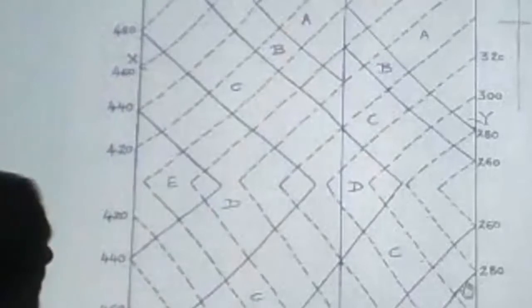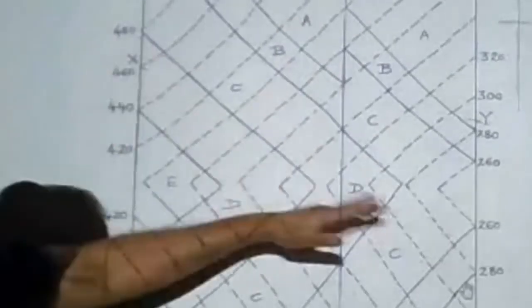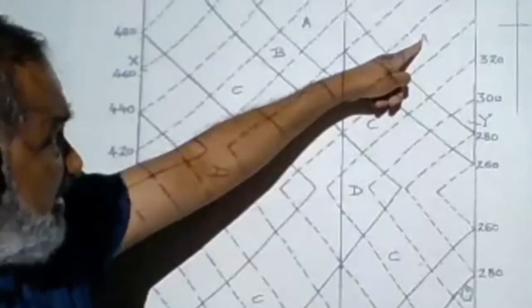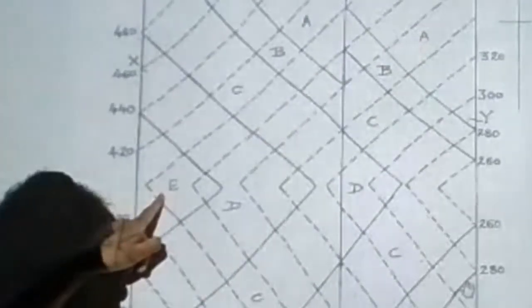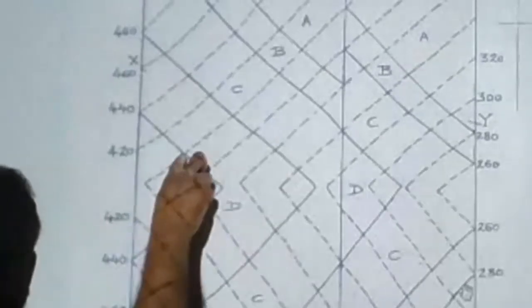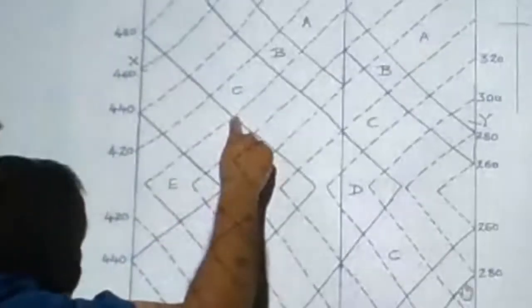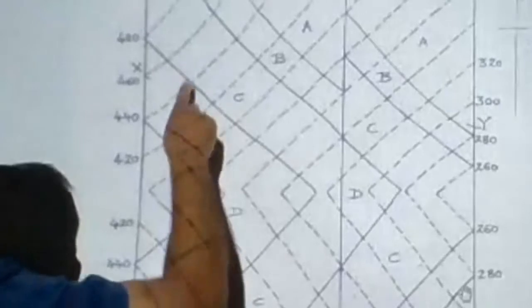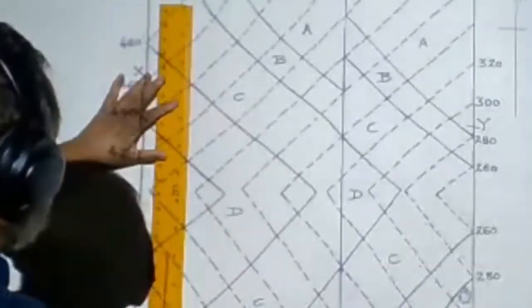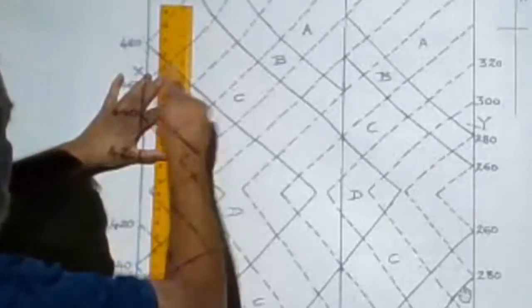Then the last one, order of superposition. Slope is towards the side, so towards the side A is there. So ultimately, E will be the oldest one. A will be the youngest. So E is the oldest. Now, how much is there? You can make out now. 20, 40. Yes. If you join the strike line, here we have a strike line. So 20, 20, 40.